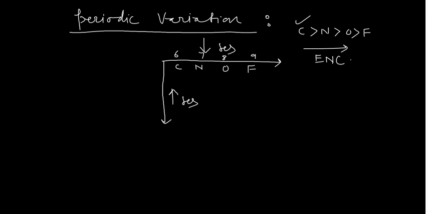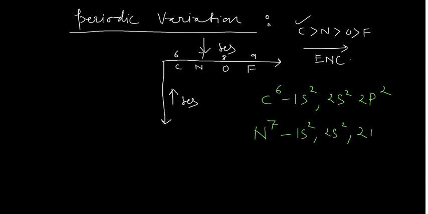See guys, this is quite simple actually. For example, I am writing carbon here, it is 6, that is 1s2, 2s2, and 2p2. Then I am writing nitrogen 7, it is 1s2, 2s2 and 2p3.